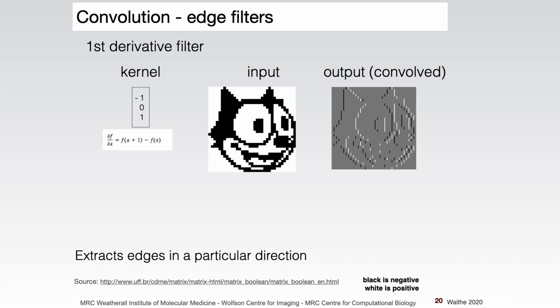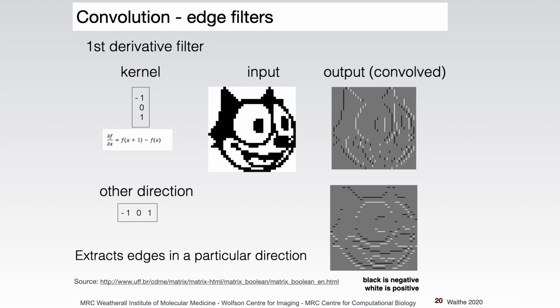And when you apply it to an image, it will extract the edges, which is what we've done to Felix here. You can see that this filter has extracted the left and right edges of the image as either negative or positive based on the filter. And then if we flip it and do it in the other direction, we can see we've now extracted the upper and lower edges of the image. Okay?